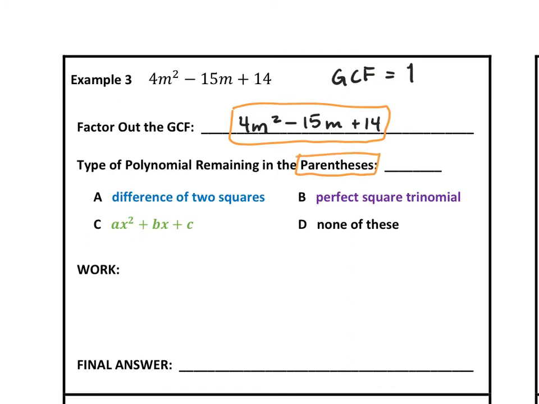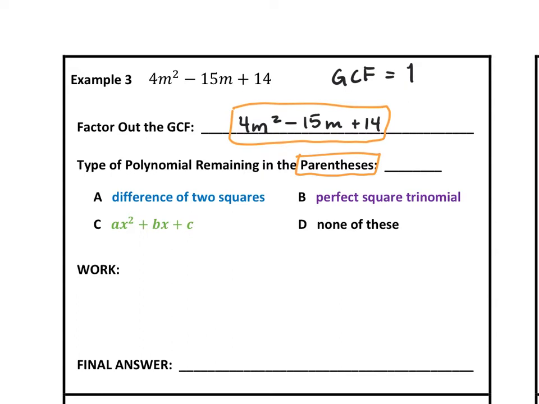What can I do with this situation then? It has a GCF of 1, so there's really no GCF. It's not a difference of 2 squares because it doesn't have 2 terms. Is it a perfect square trinomial?